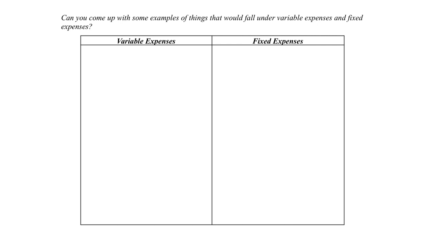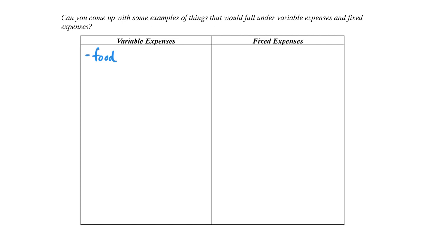be pretty safe for us to maybe say that there's a level of food that would be a variable expense for us. We've talked about it up to this point. The chances of food costing the exact same amount every single time period, let's call it every single month, I think is unlikely.